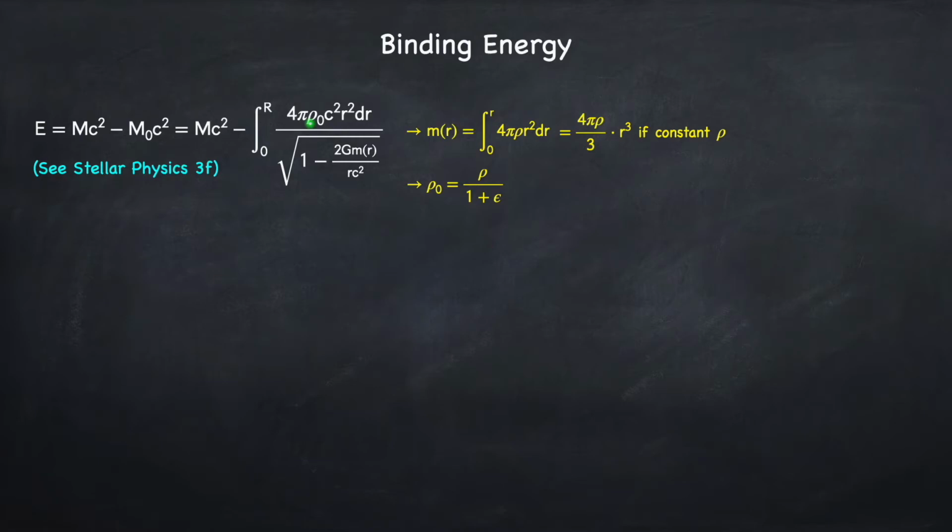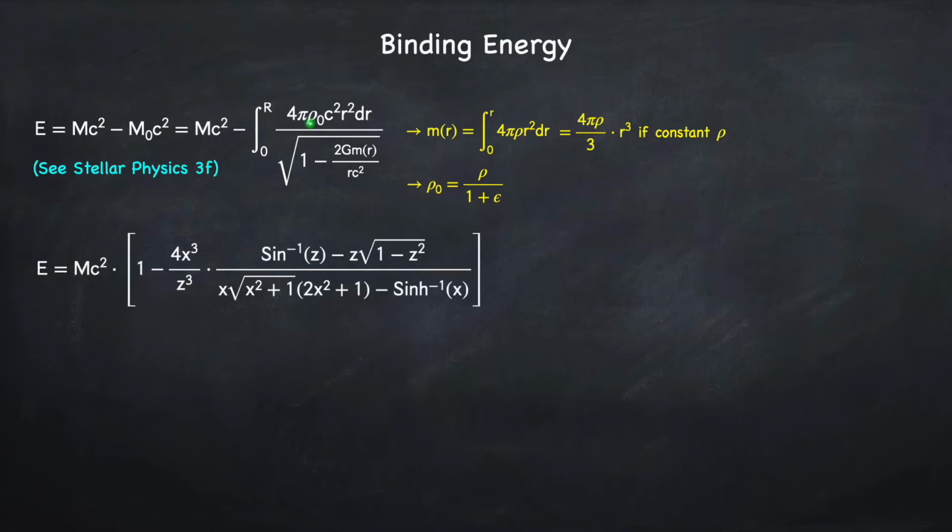Now in this case, under the assumption of constant density, this integral turns out to be solvable analytically. I'm not going to do it, but it turns out that when you actually do this integral, you get the following rather messy looking expression for the total binding energy of the star, where z is defined as the square root of the metric deviation at the surface of the star.